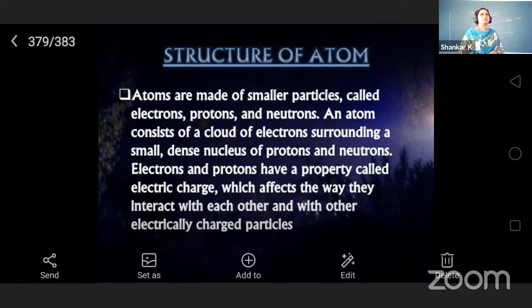You learned in the 7th or 8th standard about charged particles and uncharged particles. For example, magnet.